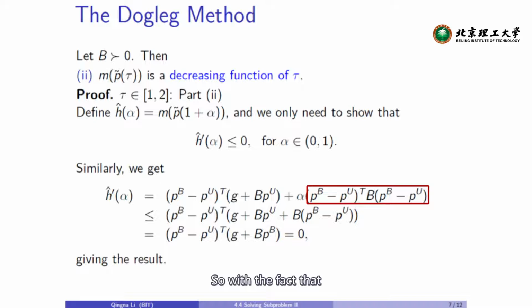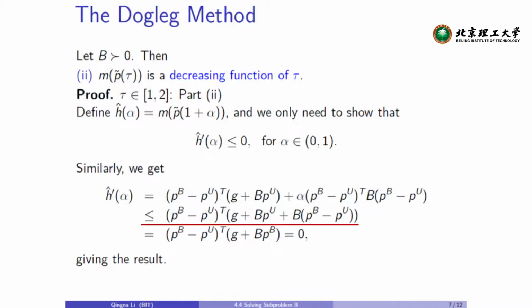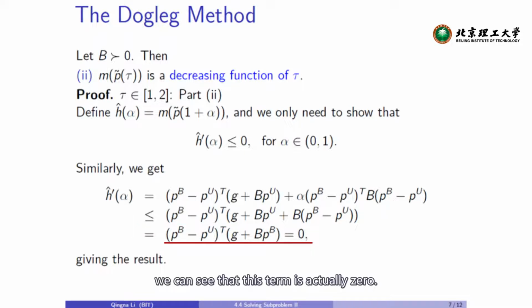With the fact that alpha is between 0 and 1, this second term is smaller than or equal to the term with alpha replaced by 1. After that, we enlarge our condition by this term, and we put the PB minus PU term out, then we do a summation of the left part. Now, after simple calculation, we can see that this term is actually 0.